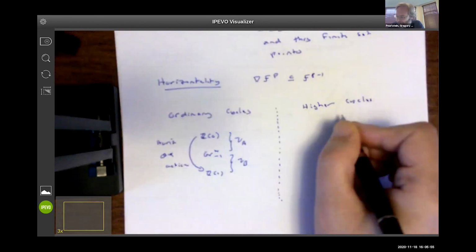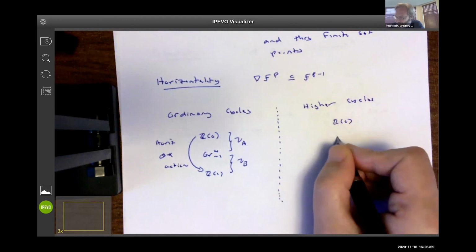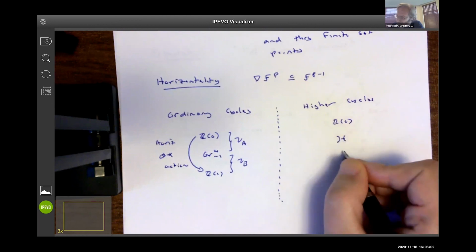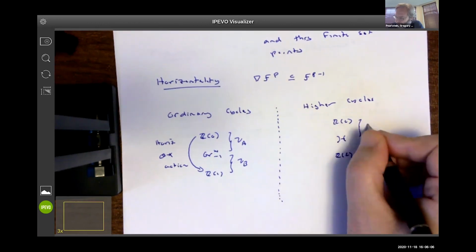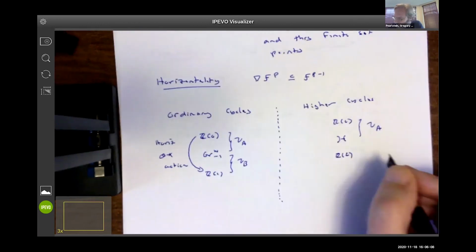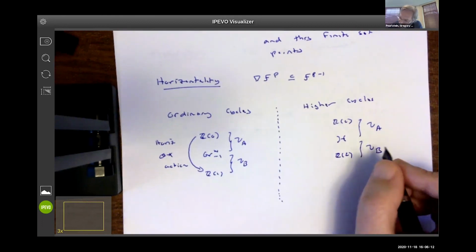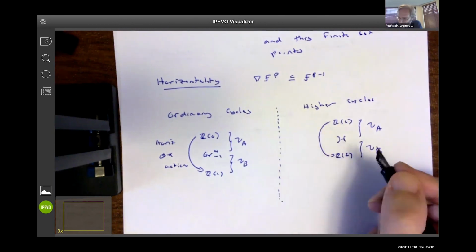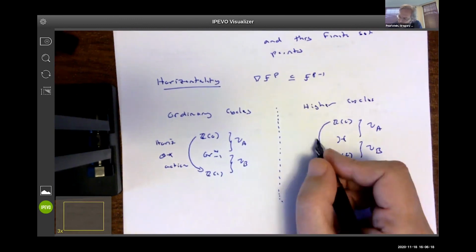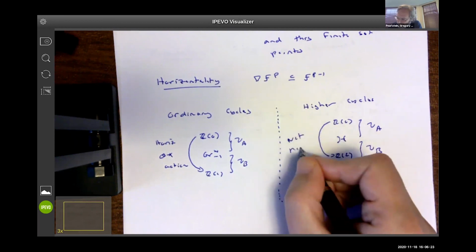is that, okay, we have Z of 0, we have this h, and we have this Z of 2. So this is fixed by this kind of higher normal function nu A. This is fixed by this higher normal function nu B. And okay, so then the only thing left to do is go down from here to here, right? But this is not horizontal.